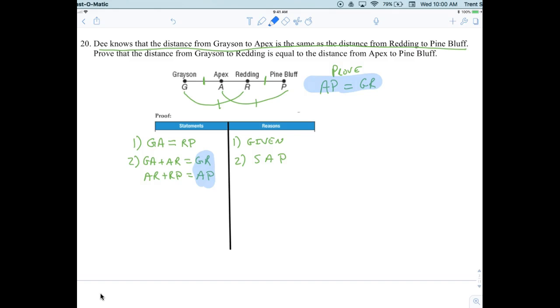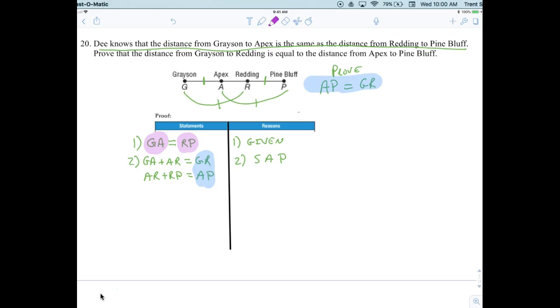Now, here is something I'm looking at, that GA and RP are equal. Everybody agree with that? So, what can I do? Substitution. You could switch GA with RP.